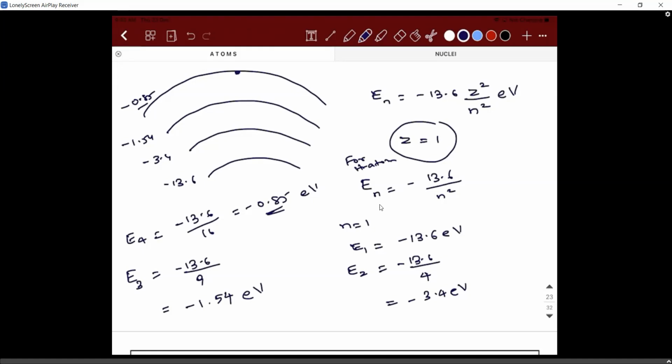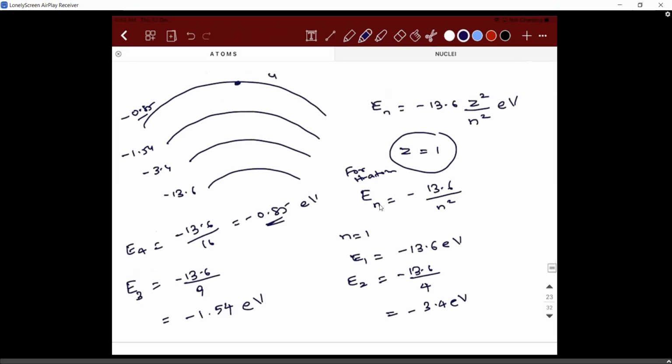Let's say the electron is excited to the fourth orbit and it is jumping to the second orbit. There is a difference in the energy between these two levels, and that difference is what is released as h nu.